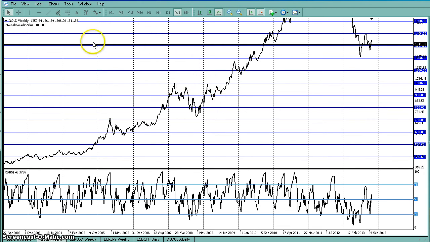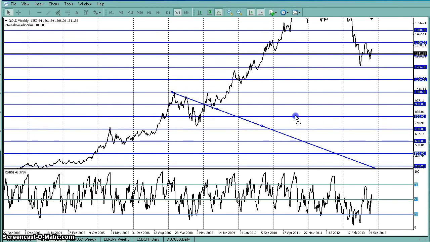I mean, wasn't that a no-brainer trade? You'll be able to draw a trend line here, and of course I'm sure some people were speculating that we're going to go all the way back down. That was going to be it. 1,000 an ounce, right? That's it.